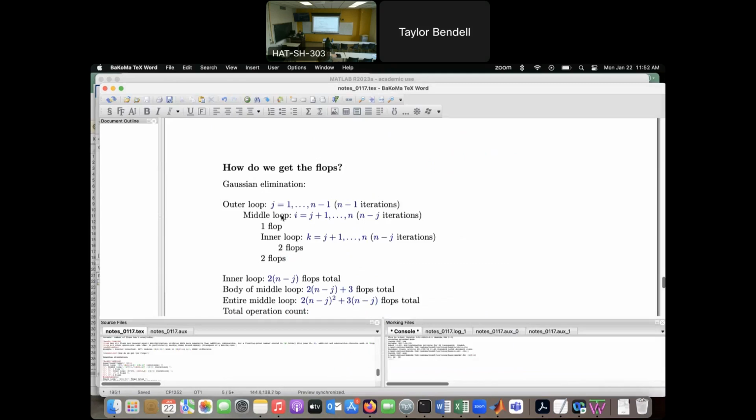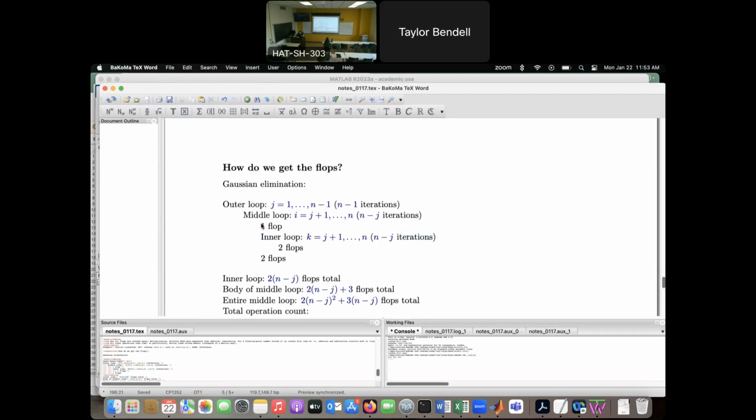Now that we know how many iterations each loop is carrying out and how many flops are carried out in each statement that performs arithmetic, you start from the inside and work your way out. For example, this innermost loop has n minus j iterations, 2 flops each, so it's 2 times n minus j flops in total.